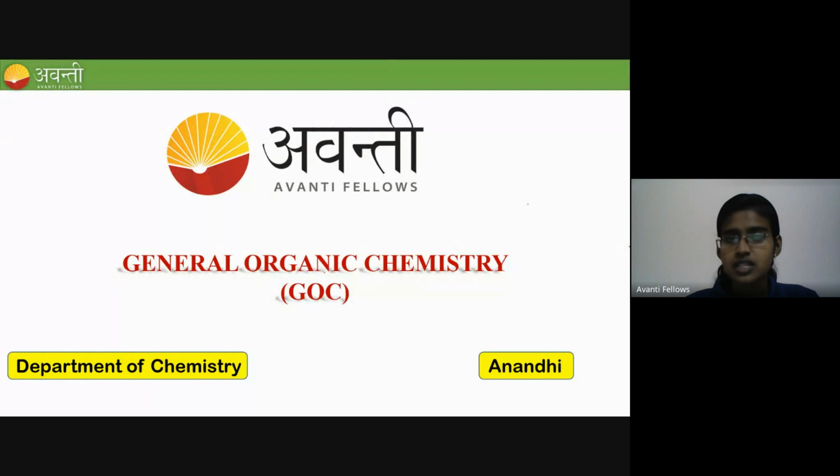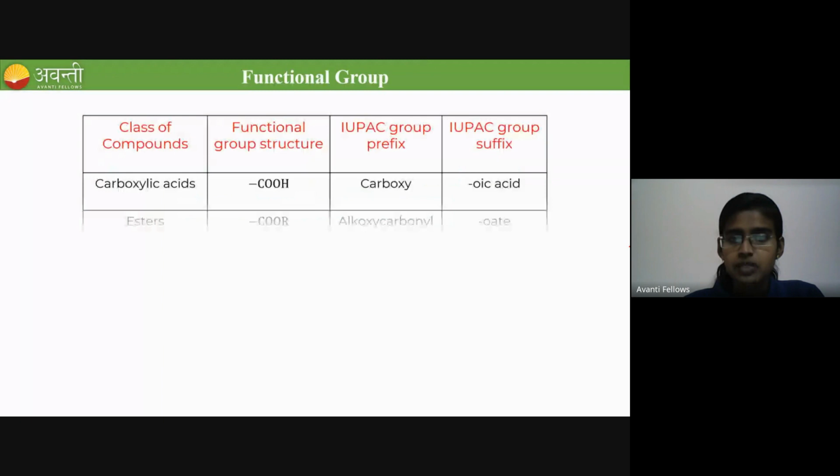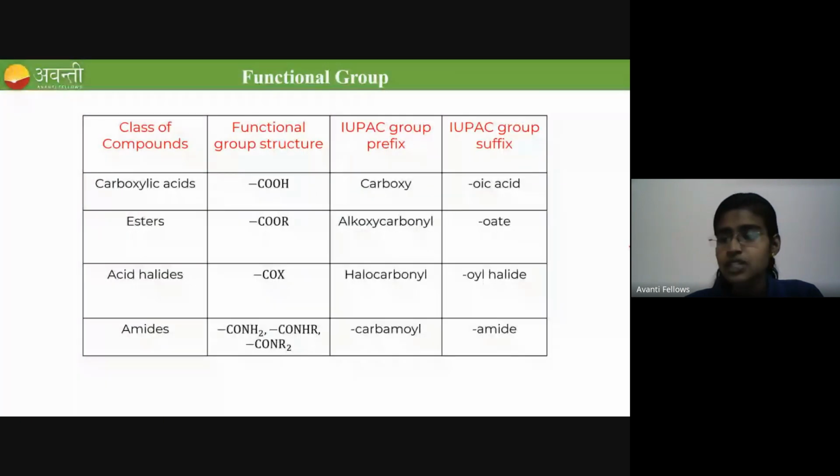So today, as I have told you, we are going to discuss the nomenclature of compounds with one functional group first, and then we'll move on to the system which has more than one functional group. So coming to the functional groups. What are functional groups? The reactive part of the molecule is called the functional group, right? I have given you the list of functional groups here on the screen.